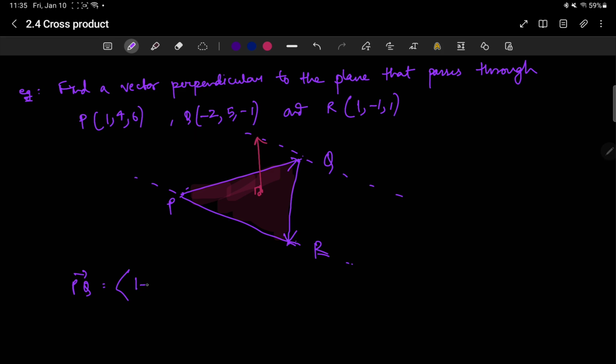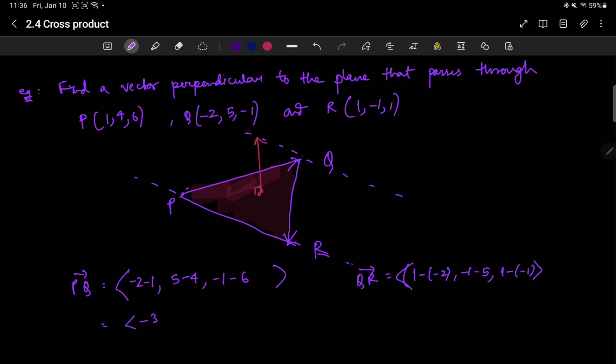So I get 1 minus negative 2, 4 minus 5, and 6 minus negative 1. And suppose I want the vector QR. By definition, I guess we should go from Q to P. So 5 minus 4, negative 1 minus 6. And then QR is R to Q, so 1 minus negative 2, negative 1 minus 5, and 1 minus negative 1.